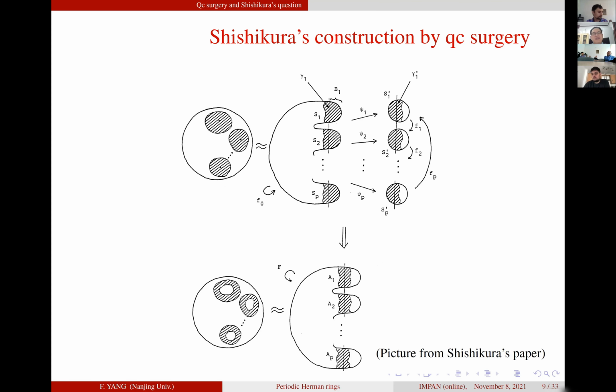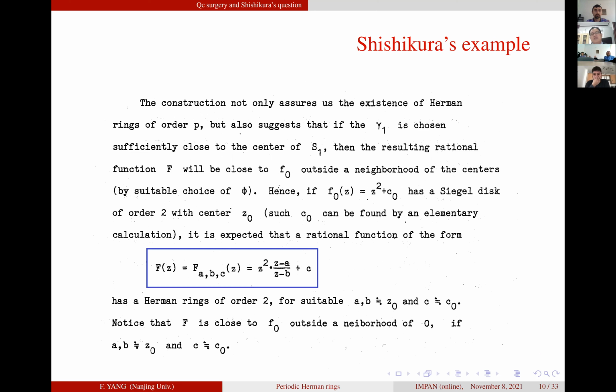In the 1980s, Shishikura noticed this problem, and he tried to find formulas for rational maps containing non-symmetric Herman rings.